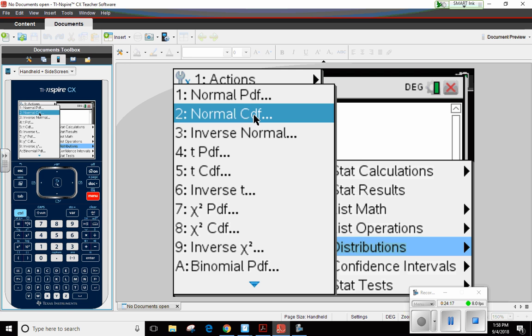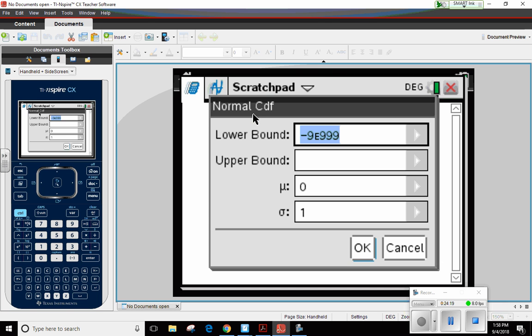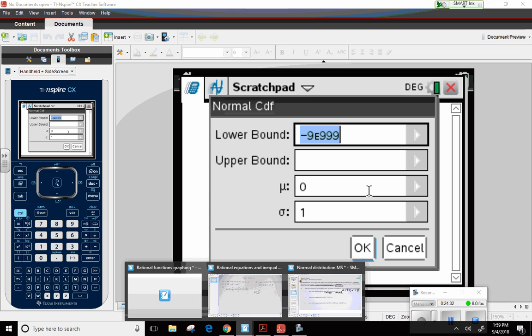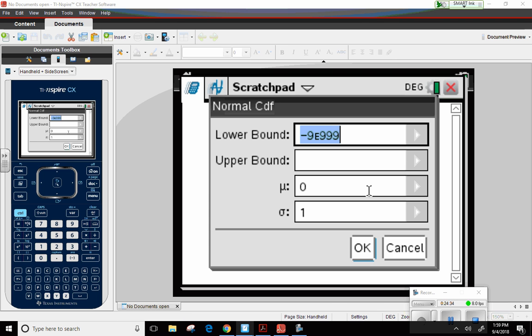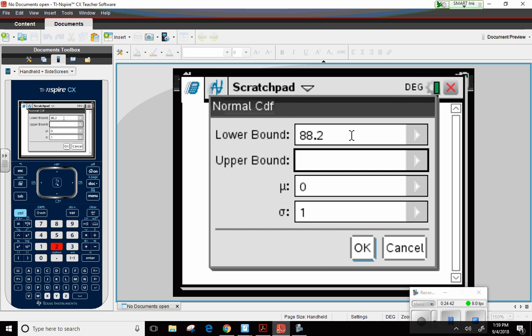As soon as I click on that, it's going to bring up this table, and you'll notice the first two rows are your lower and your upper bound. Let's type in, we wanted our measurements to be between 88.2. I'm going to type in 88.2, tab, the upper boundary, 94.7.